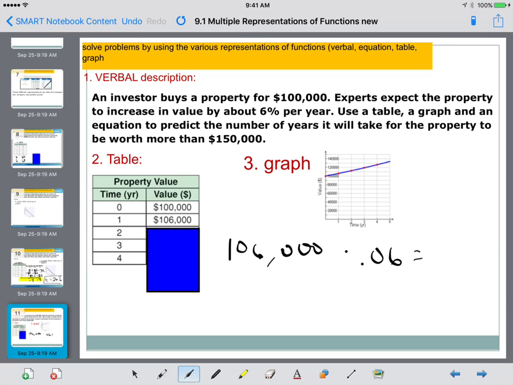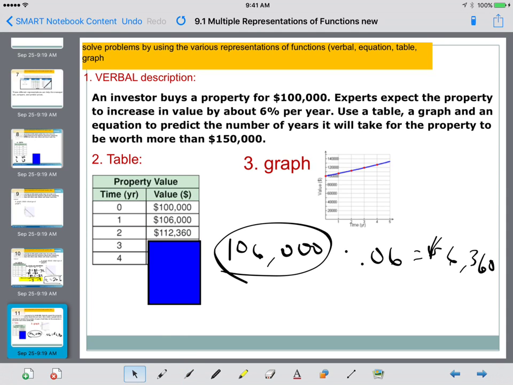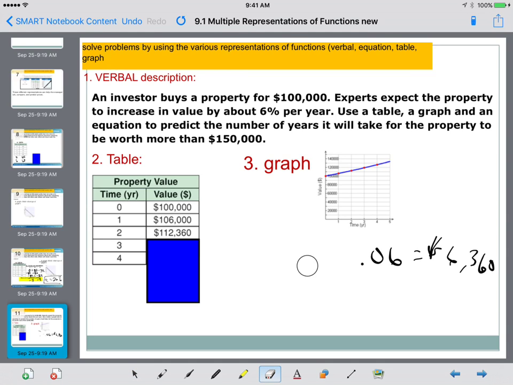And we're going to get $6,360. So we're going to add this number to my 106,000, what it initially was, to get 112,360. And you might ask yourself, is there a faster way to get that?